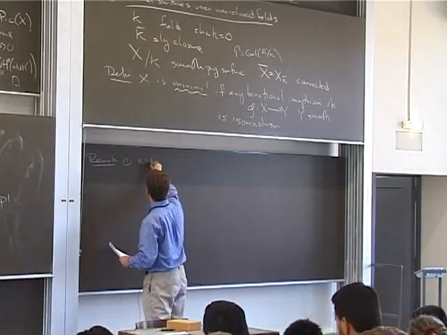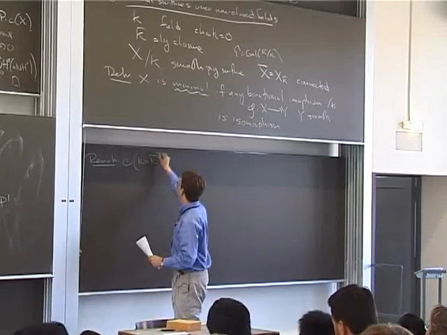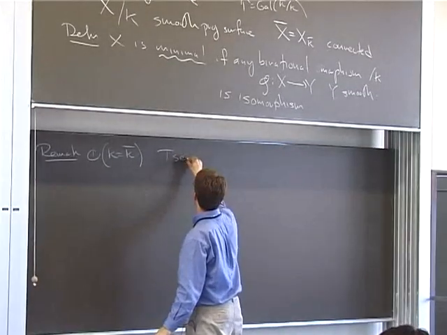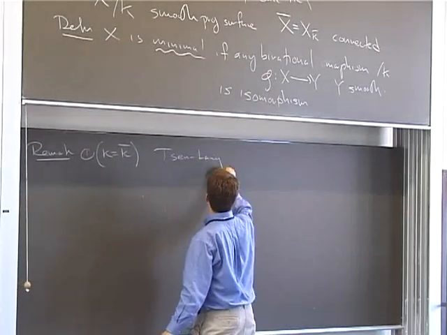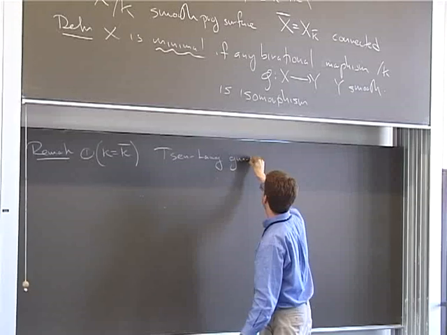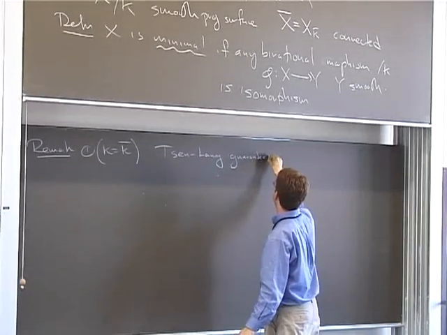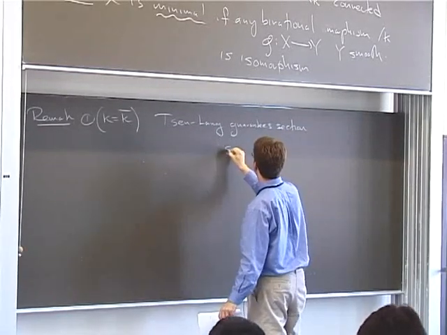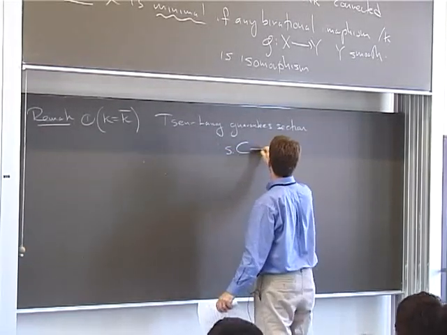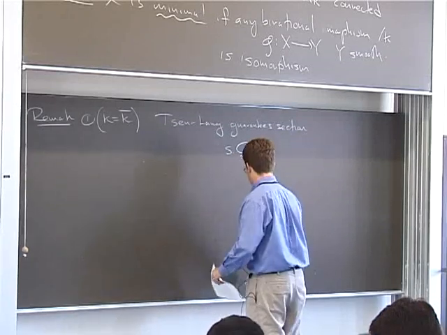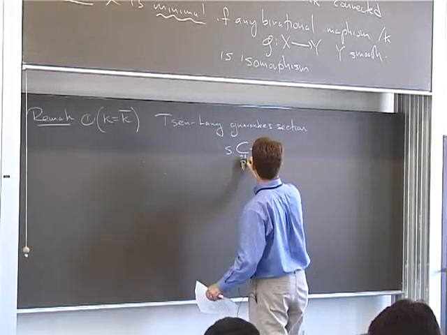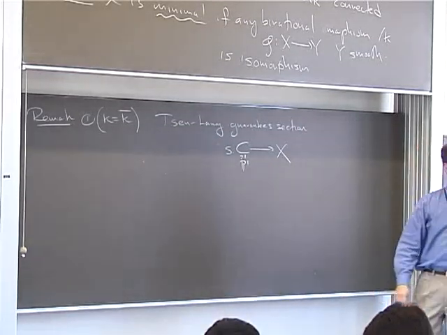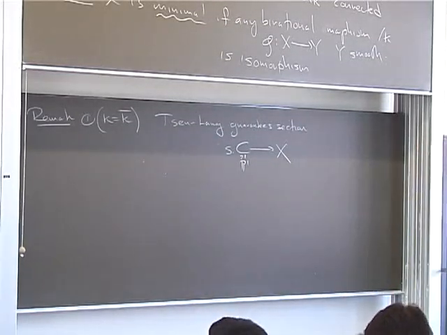So if our field is algebraically closed, then the Tsen-Lang theorem guarantees a section S from C, which in this case is isomorphic to P1, to X. So we always have a section of a conic bundle.